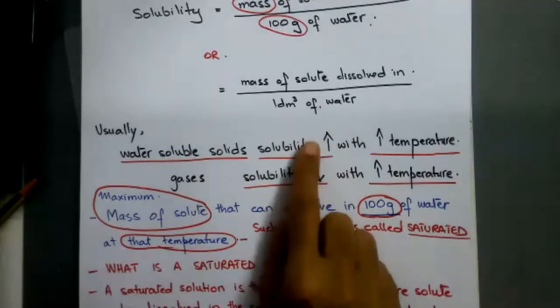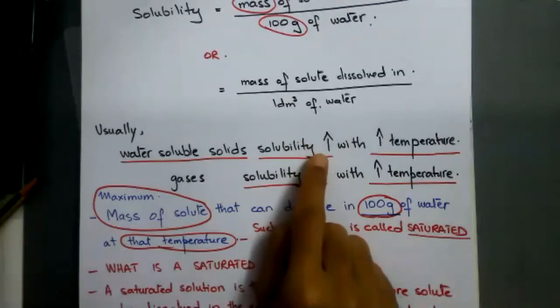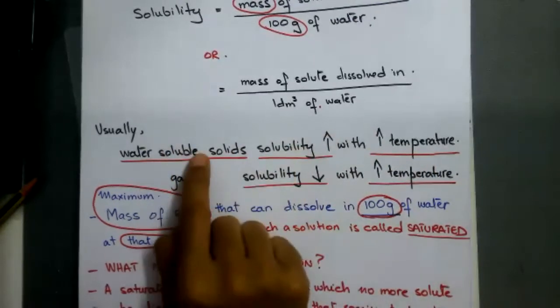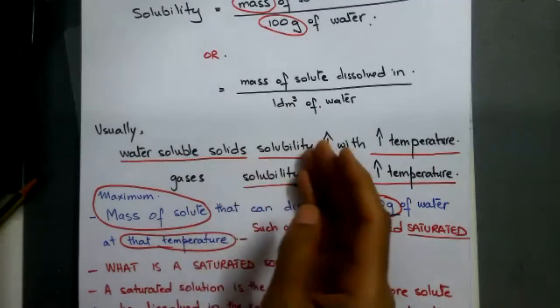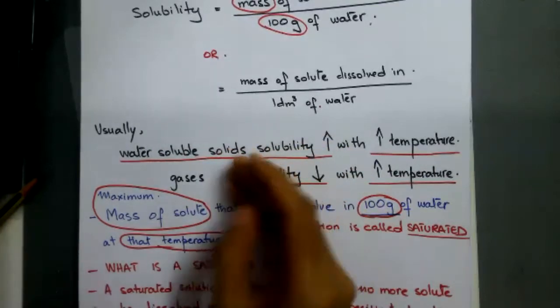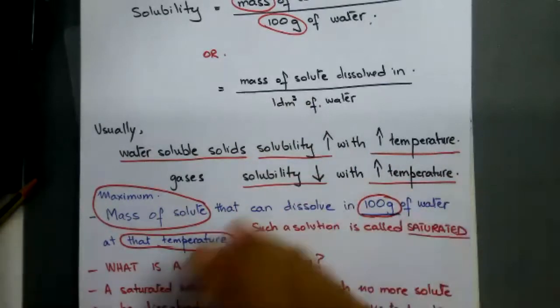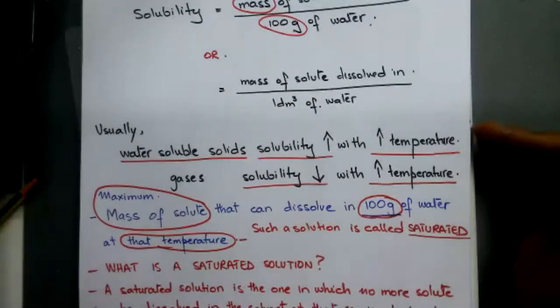Remember this: it's not that the solubility of all substances will increase with increase in temperature. This is usually true for water soluble solids. Of course, some substances which are not soluble at all do get a little soluble if you increase their temperature, but not all of them.